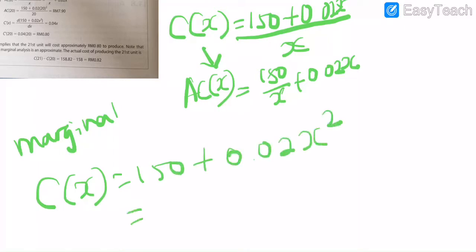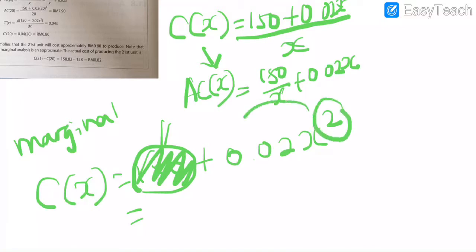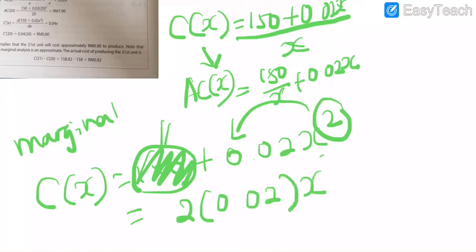To differentiate it, you have to differentiate whatever has the x on it. Here there is no x, so when you differentiate it, there is no more. This 2, bring it down here to 0.02 times x power of 2 minus 1. This is the rules of differentiation.